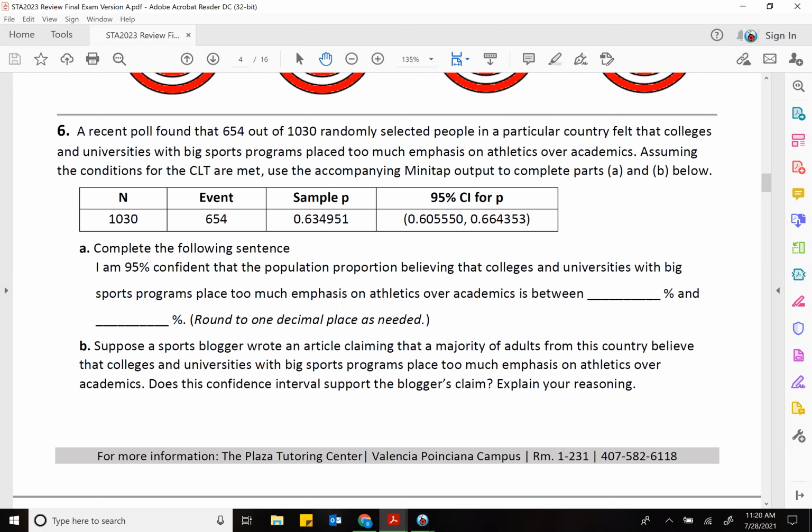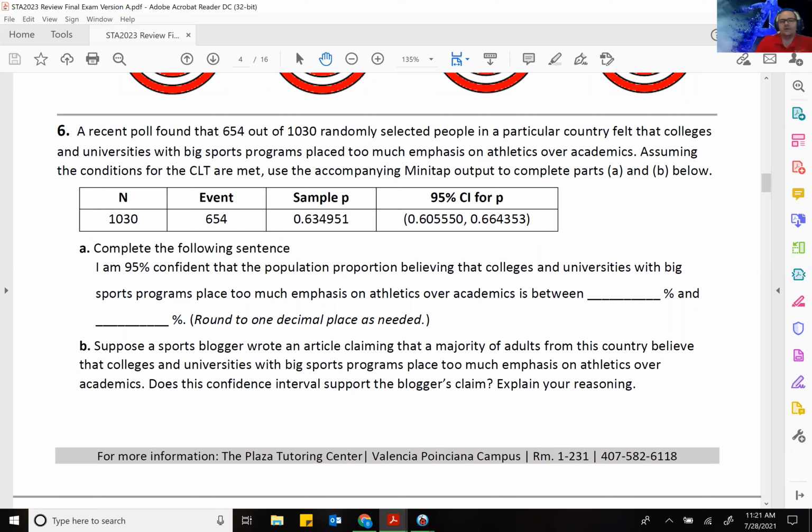I would say that it is 60.6 and 66.4. Oh, he's giving me both. This is going for the gold. So the other one is what again, though? Sorry, I was writing down the first one. 66.4. Perfect.